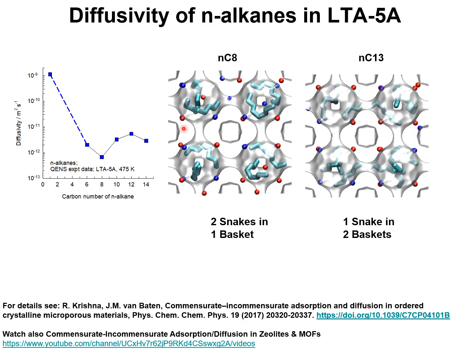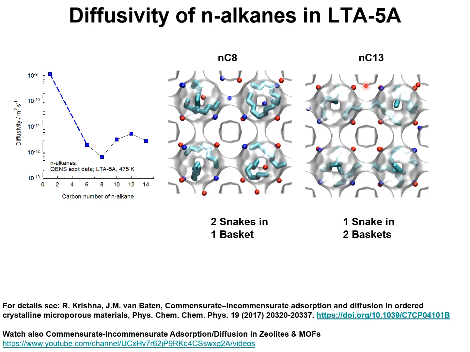So we have a scenario here where we have two snakes in one basket. Here we have a scenario where we have one snake in two baskets. So a cage volume is commensurate with the length of two snakes.